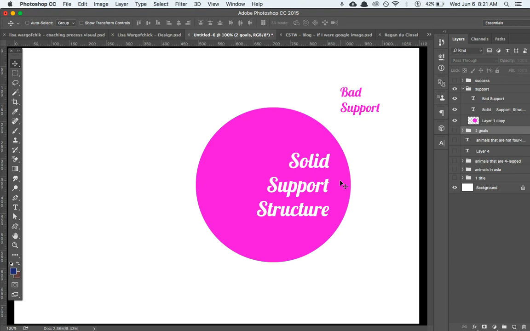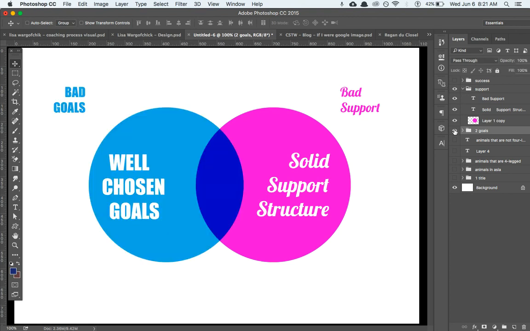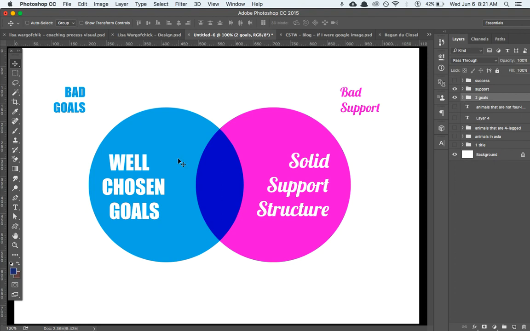Okay, so the white represents all the success you've had in life. The success that you've had is likely related to having good support, and where you've not succeeded, you've perhaps had bad support. These are two success factors. So if I bring both success factors in, you can see success factor one, well-chosen goals, and success factor two, a solid support structure.